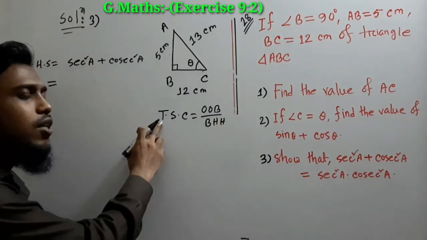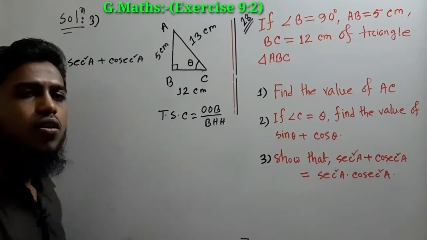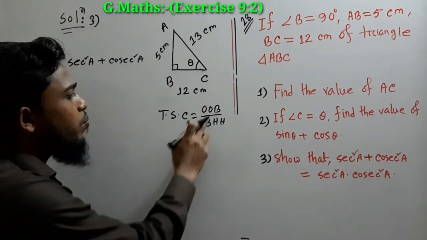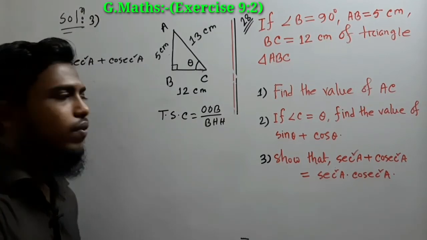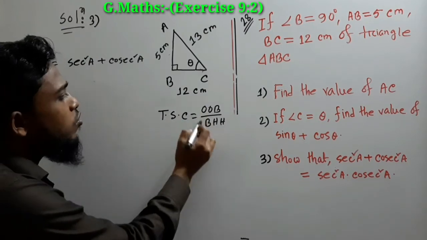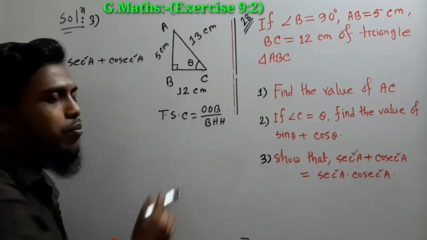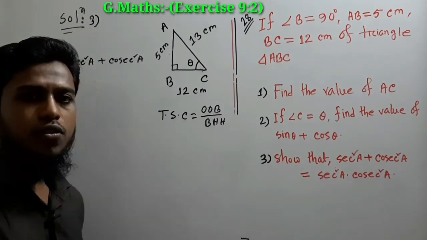Here T for tan theta, S for sin theta, C for cos theta, O for opposite side, B for base, and H for hypotenuse. The ratio of tan theta will be opposite side by base, the ratio of sin theta will be opposite side by hypotenuse, the ratio of cos theta will be base by hypotenuse.